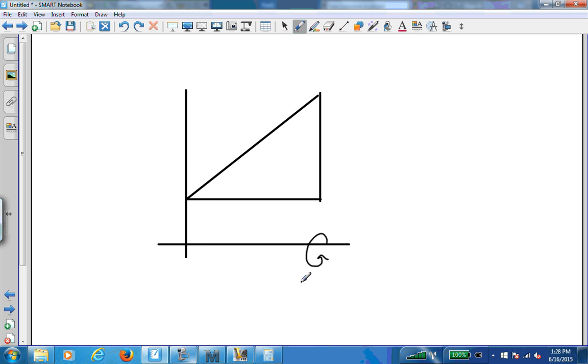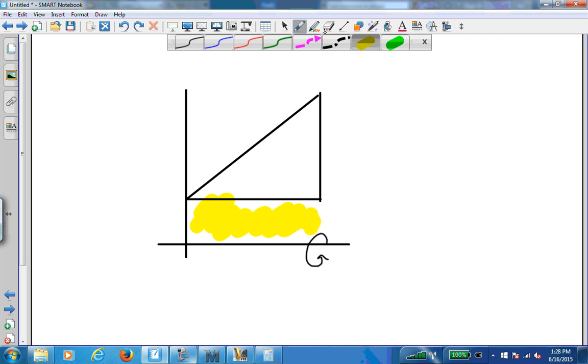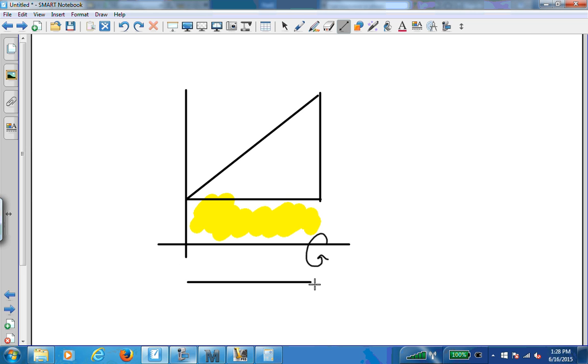So if we were to rotate that around the x-axis, then this is going to rotate around. Notice there's a hole in here. So when this is flipped over, your hole is going to go over to here, come on down. So this is going to be on around like this. So it's kind of like a cone with a hole through the middle of it.